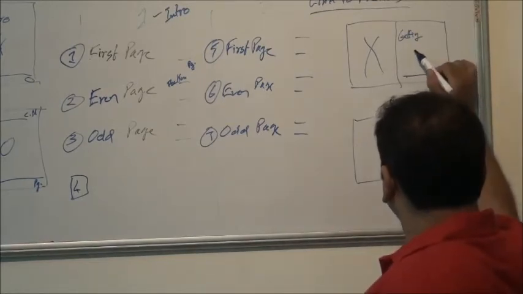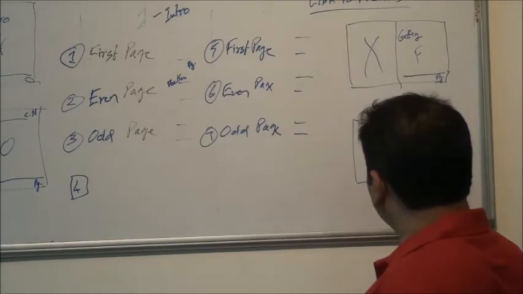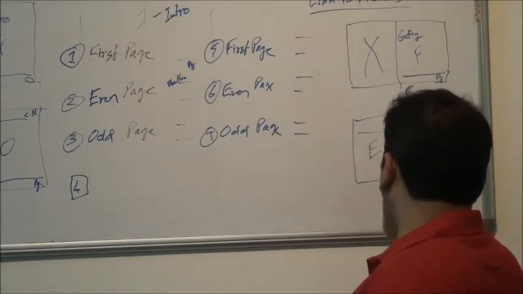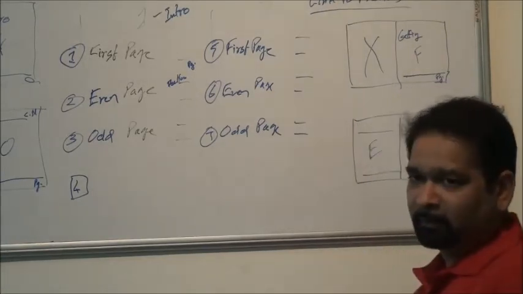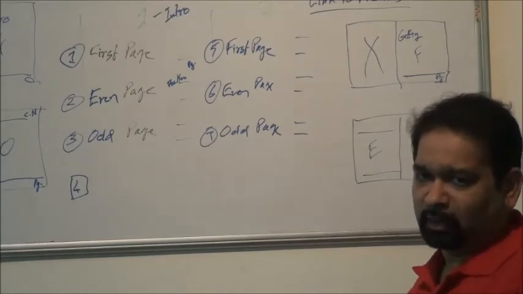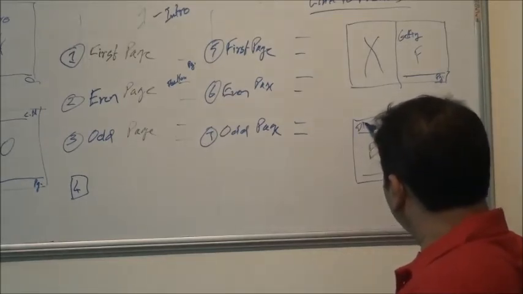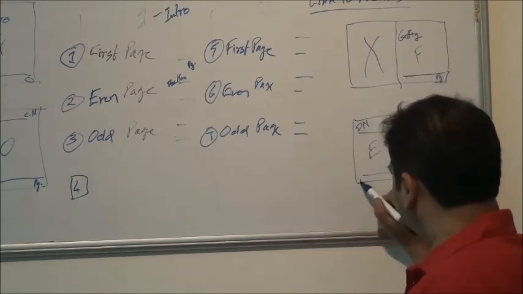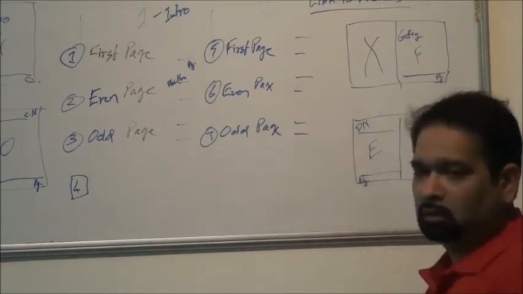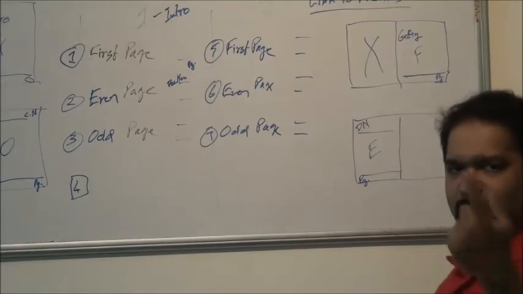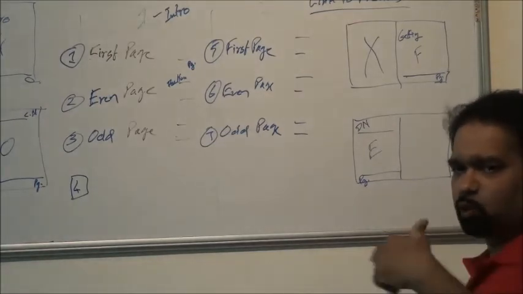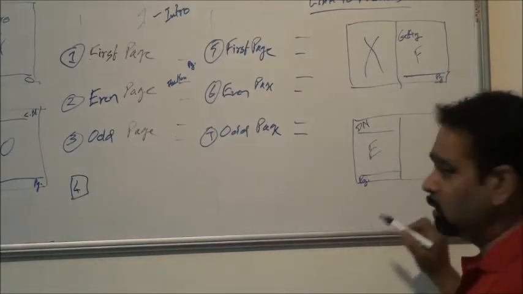So now this is my first page. This is my even page. So even page, tell me what's there in the header. Document name. Where will the document name be there? So this will be the document name. And page number? Left corner. We are capturing this, right? So you may want to zoom in a little bit so that it's readable.